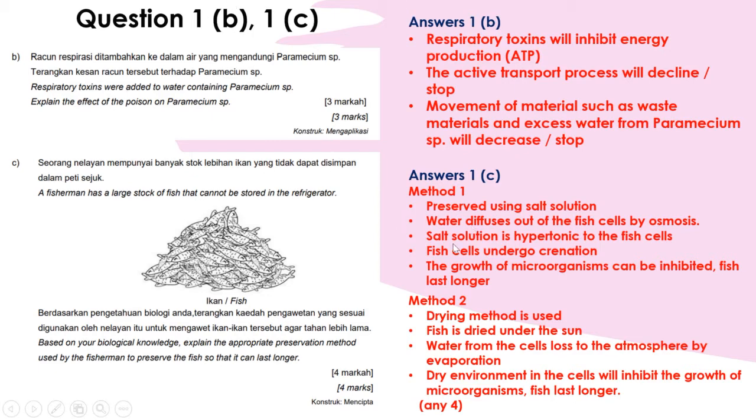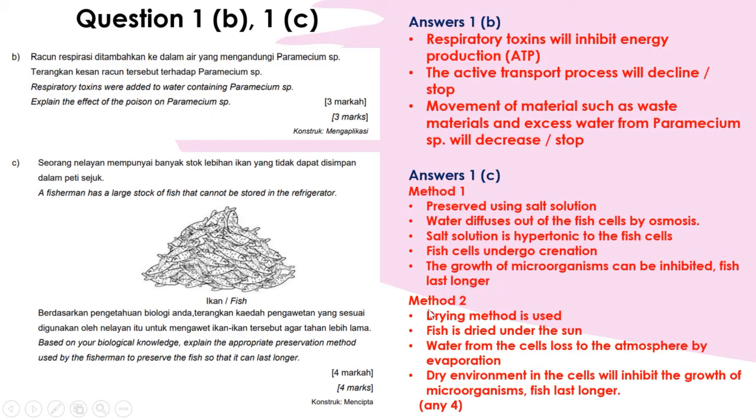Water diffuses out of the fish cell by osmosis, because the salt solution is hypertonic to the fish cell, and the fish cell undergoes crenation. The growth of the microorganism can be inhibited because there is no more water inside the fish cell, so the fish can last longer.